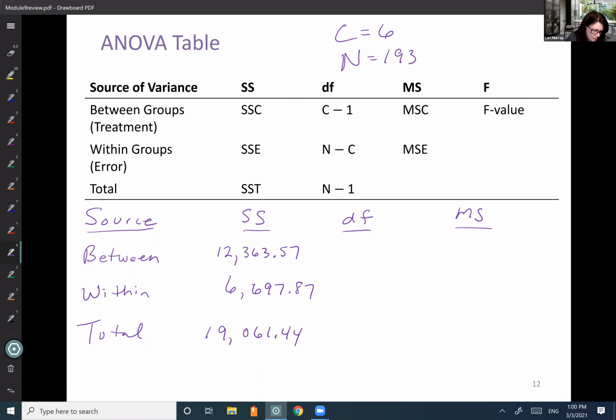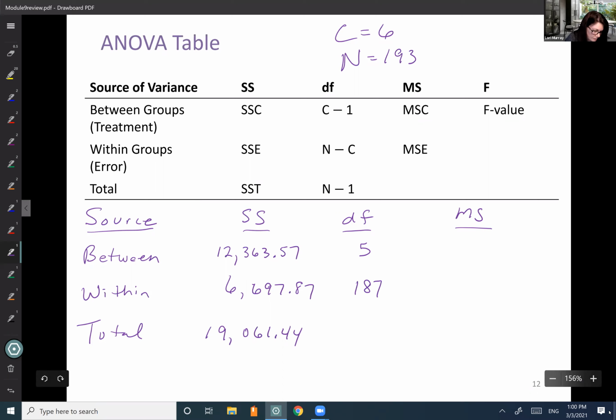of the squares. And we need that because we can then calculate the MS column, which is the mean squares. So we have the sum of the squares, and then we have the mean squares. So C subtract 1, 6 subtract 1 will be 5. And then N subtract C, 193 subtract 6 will be 187.